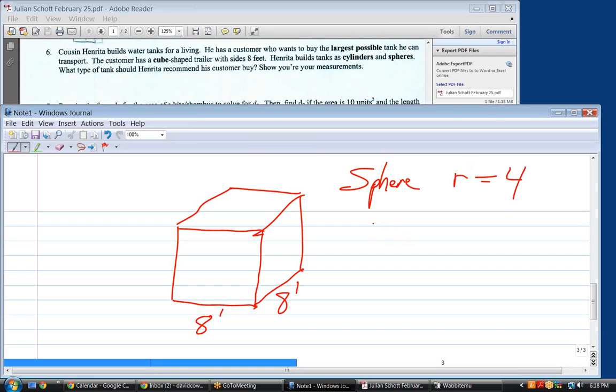What would the volume of the sphere be? What's the volume of a sphere? The general formula. 4/3 pi r cubed.